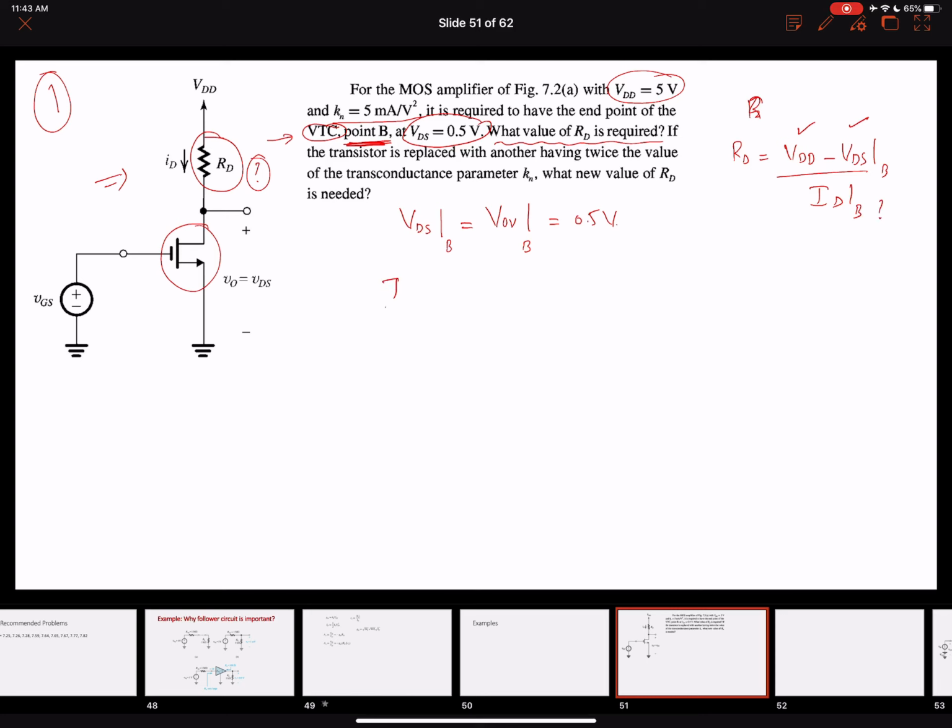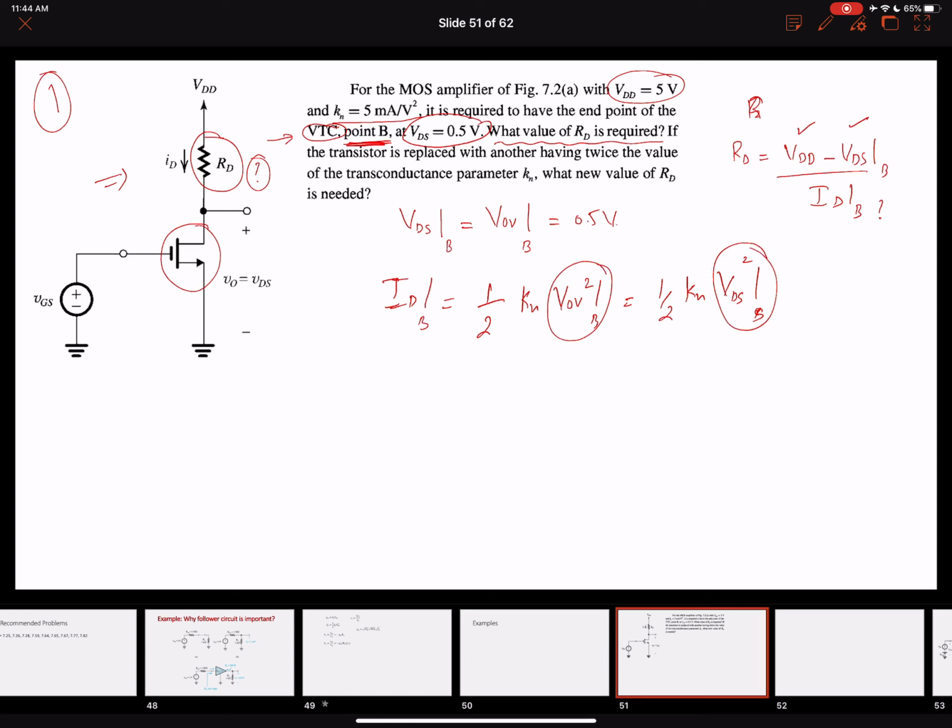The second thing that we need to find is the drain current at point B. We know that at point B it is the edge of saturation, so it should be the start of the saturation region. So it will be half Kn VOV whole square, again VOV at point B whole square. You can also write the same equation as half Kn VDS at point B whole square, since this value is the same as this value.